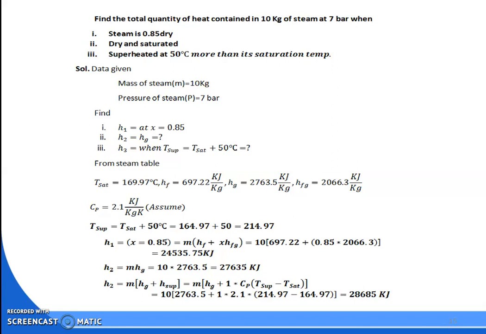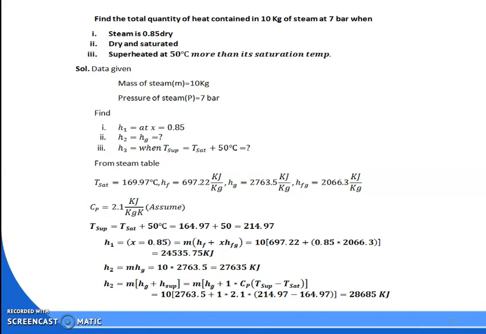So h super is equal to m Cp into T super minus T saturation. So H3 is equal to m into hg plus 1 into Cp into T super minus T saturation.